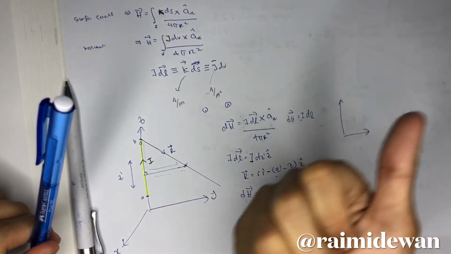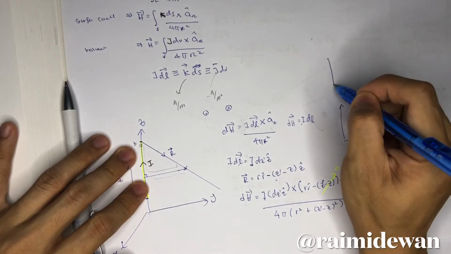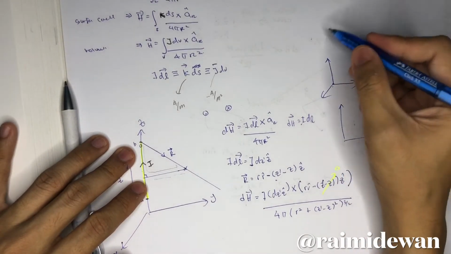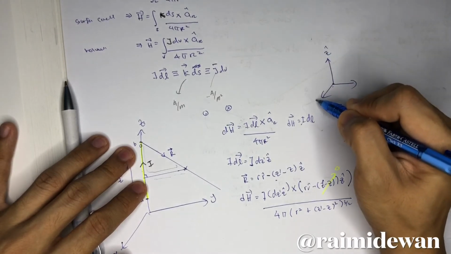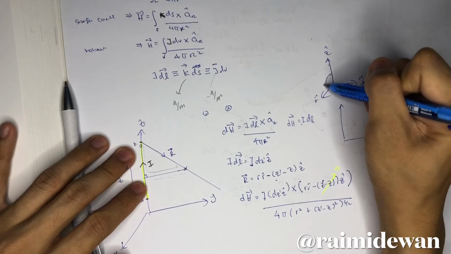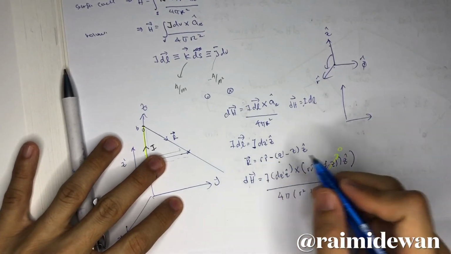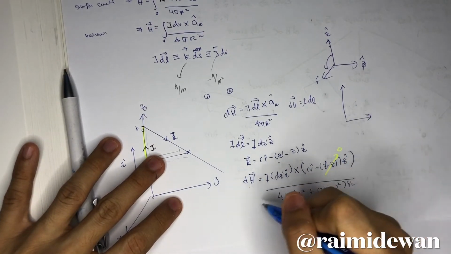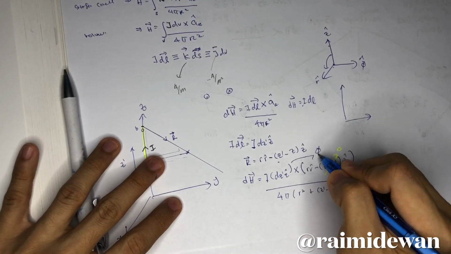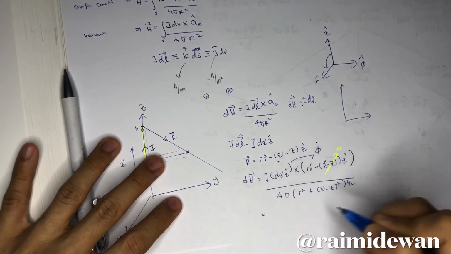What is the change? It is in the phi direction. Or you can use this simple notation: if you have z, you have r, you have phi. If you have z to r, then the next one is your phi. So you do this one, it will result in phi direction.